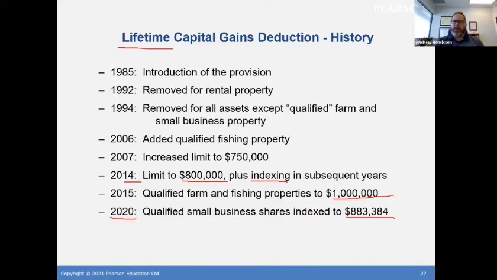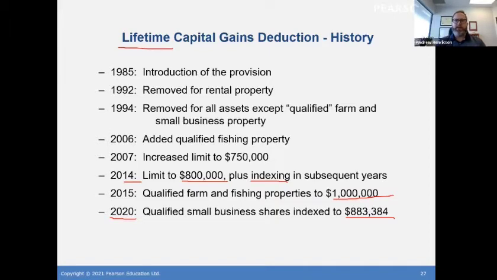What we will find out, though, is that you can't double dip. If you take a benefit when you win, that eats up some of your space, and if you take a benefit when you lose, that eats up some of the space you could use when you win. We'll get into the mechanics of that. But you can think of these two as two sides of the same coin: the ABIL and the lifetime capital gains deduction.